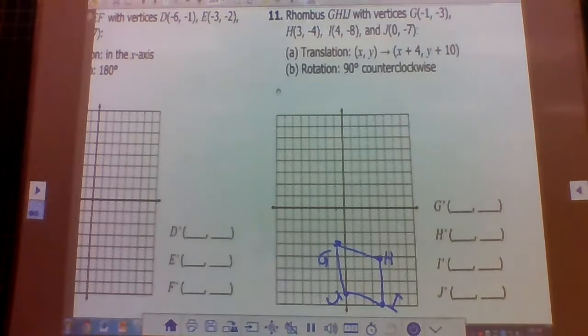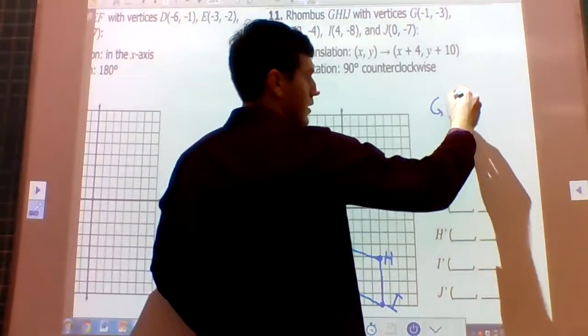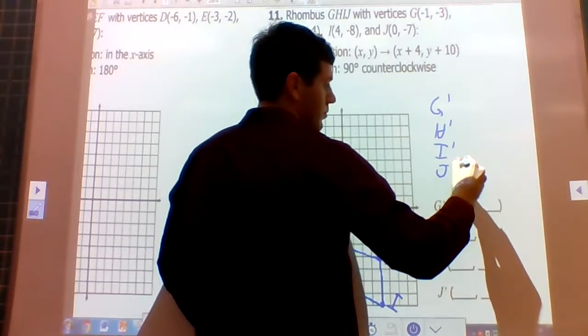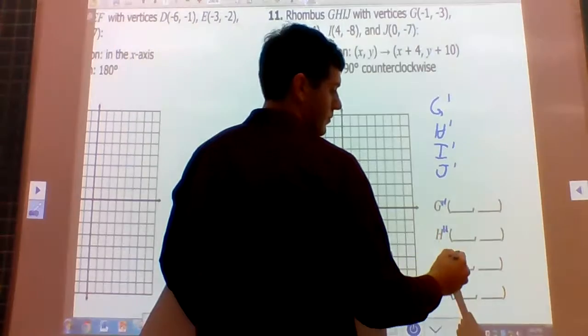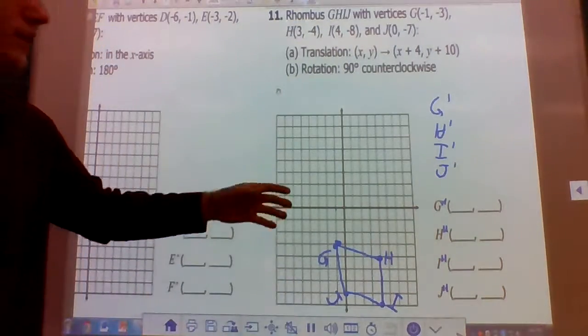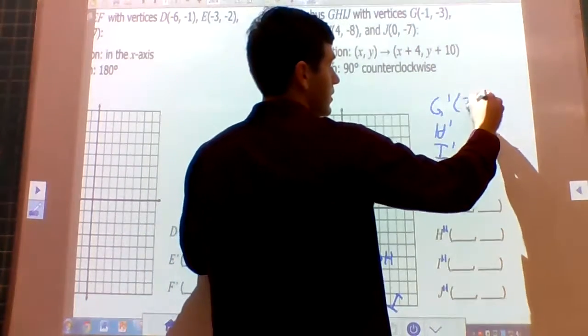Okay, you want to translate it first by the rule x plus 4, y plus 10. So I'm going to put G prime, H prime, I prime, J prime, and then we'll call these double primes. Okay, so we can either count or plug it in. So I'm going to plug them in. Negative 1 plus 4 is going to give us 3.